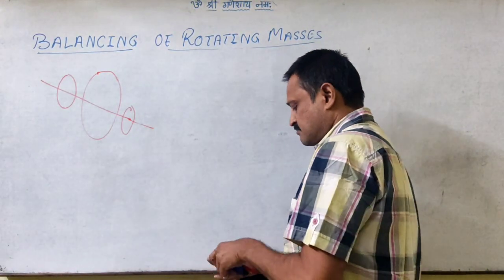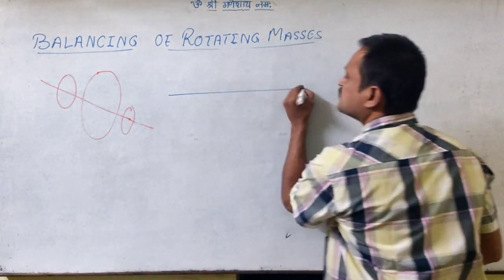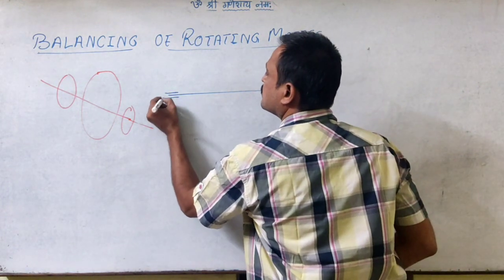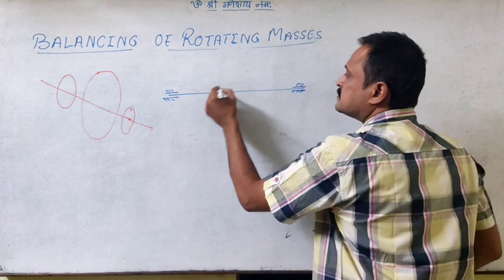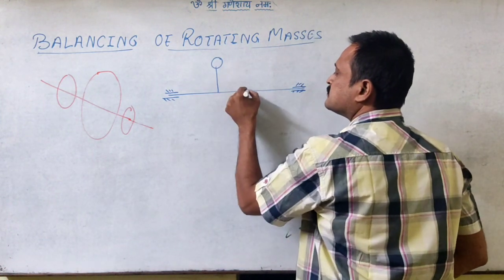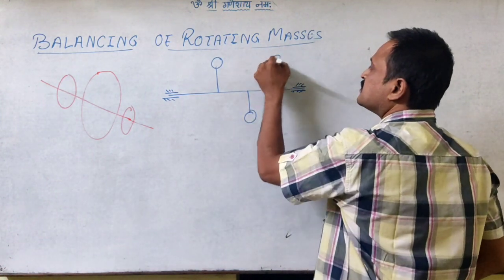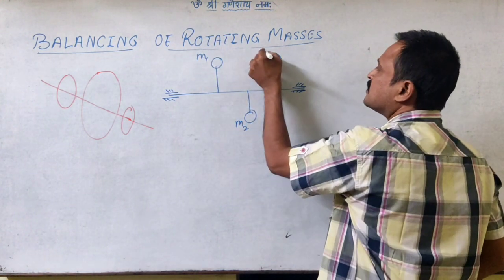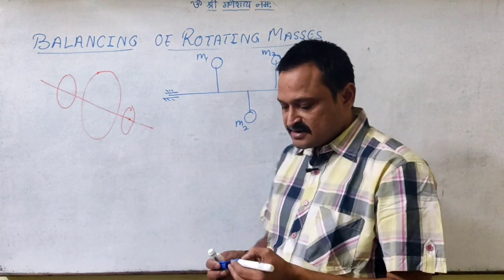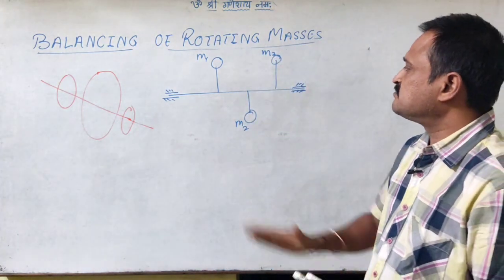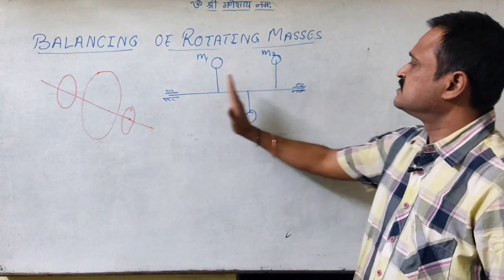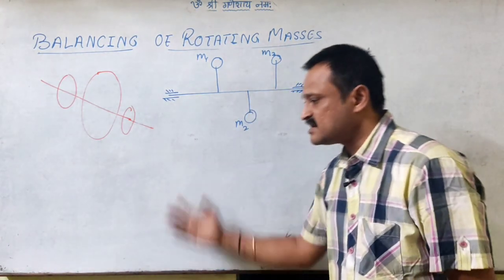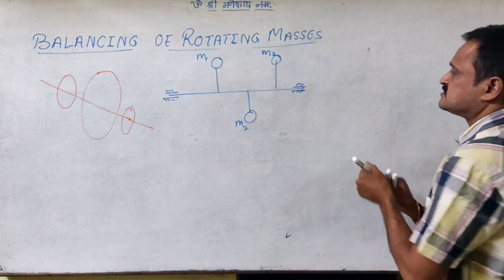So pictorially, this is a shaft, and maybe these are M1, M2 and M3. There are three different masses, but their planes of rotation are different. Now I want to balance such a system.